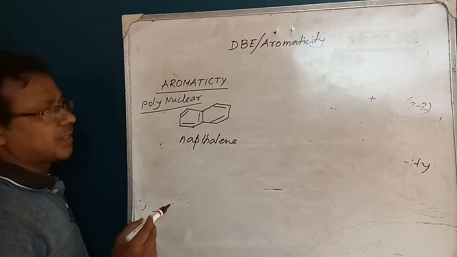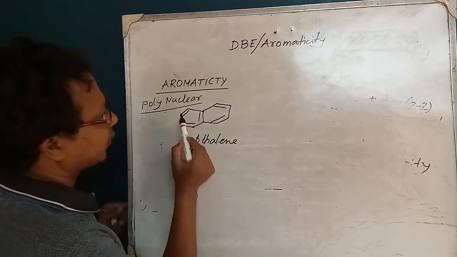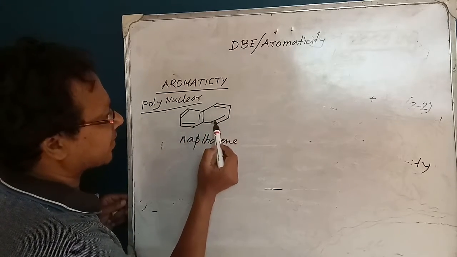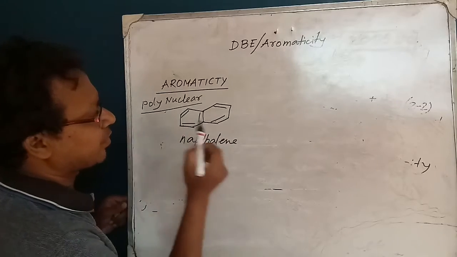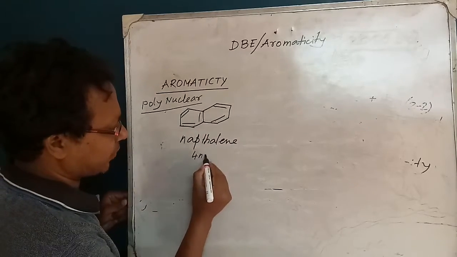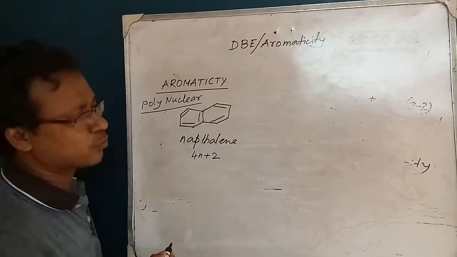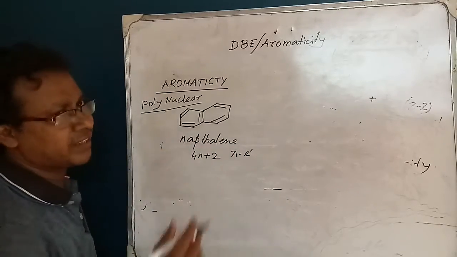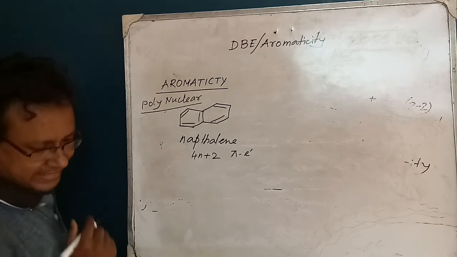Now here 1, 2, 3, 4, 5, 6, 7, 8, 9, 10, 4n plus 2 pi electrons, all are in same plane, so it is aromatic in character.